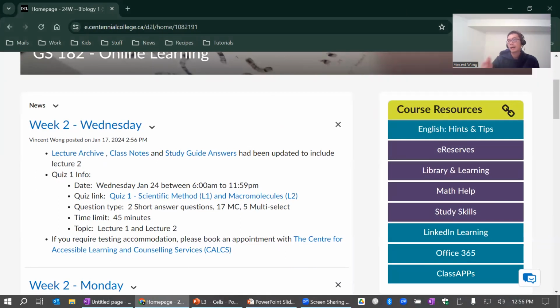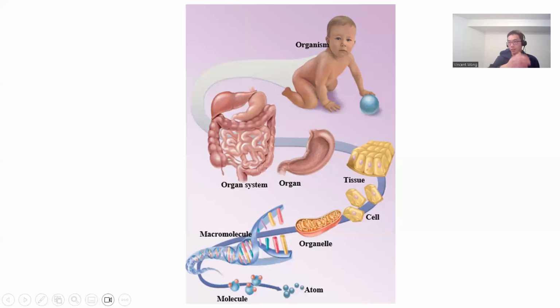So this is the organization of living things, which is a characteristic of living things. They all have some kind of complexity associated with them, and the complexity and organization not just apply to the whole organism, but on a molecular level as well.